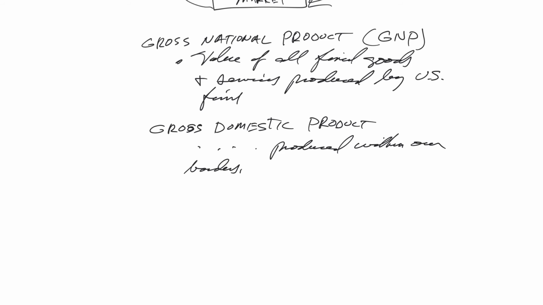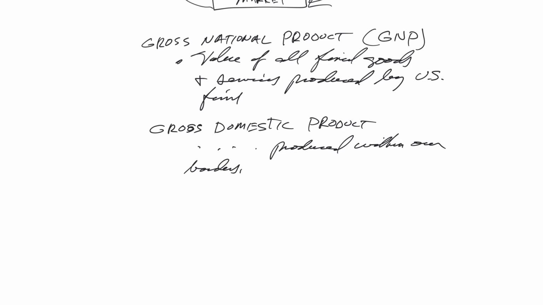And I don't know if it's still the case, but Ford used to be the top auto producer in Great Britain. I'm sure they're still one of the top, if not still the top. All that production of autos, that's great. It's great for Ford shareholders. Great for Great Britain. Okay, so all that does show up in U.S. gross national product.